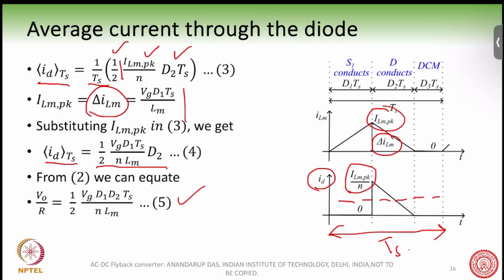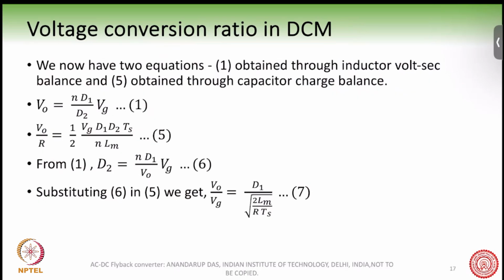It is some mathematical manipulation. So we now have two equations. One equation is coming from the inductor volt-second balance, this one. And we also have another equation, V0 by R equal to half of this one, from equation 5. By manipulating these two equations, we can eliminate D2, and what we find is this equation here.